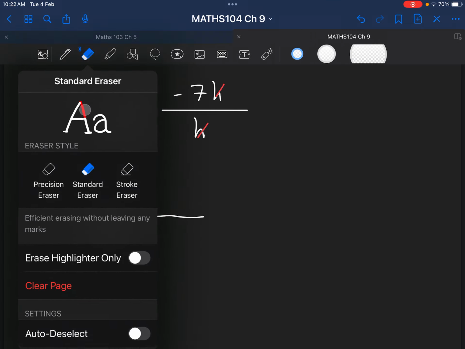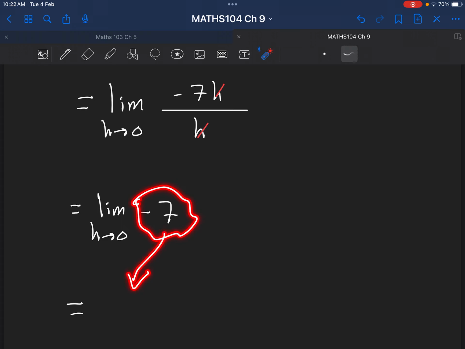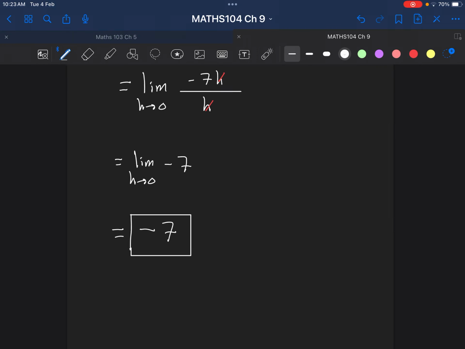So if we cancel h and h, the only thing we will get is negative 7. And we know that the limit of any constant, if there is no h anymore, this answer will be the final answer for our question. And that is the derivative of the function.